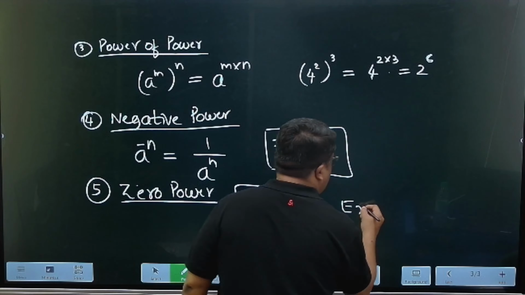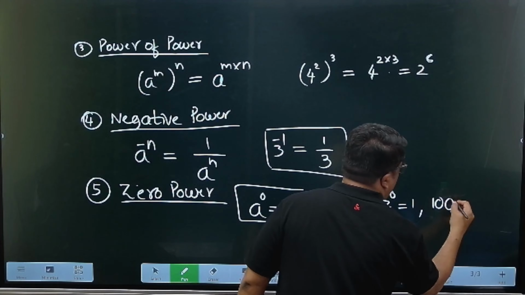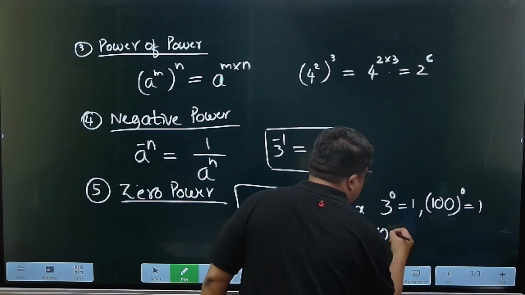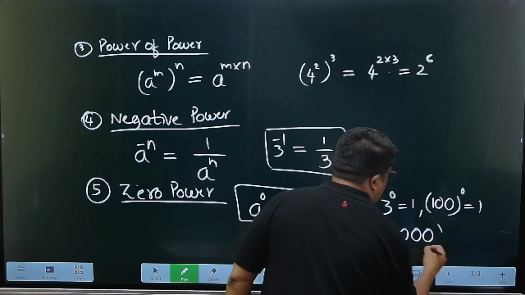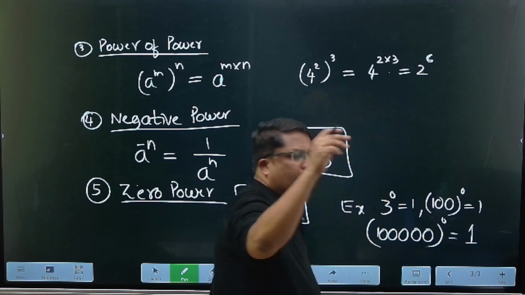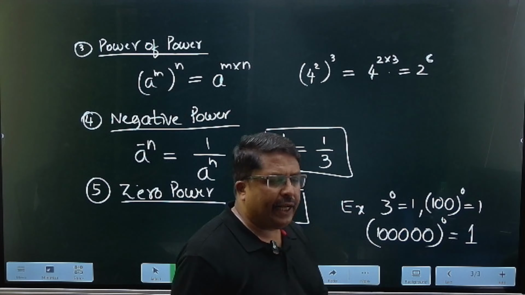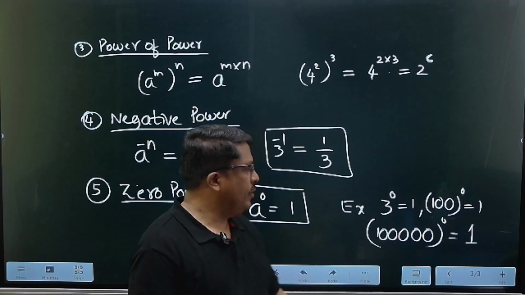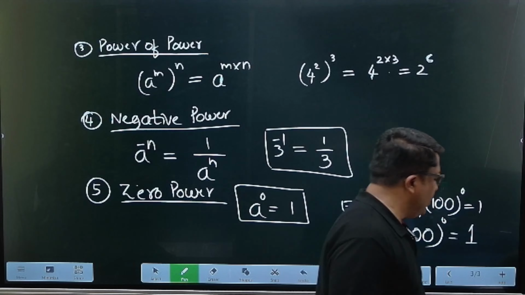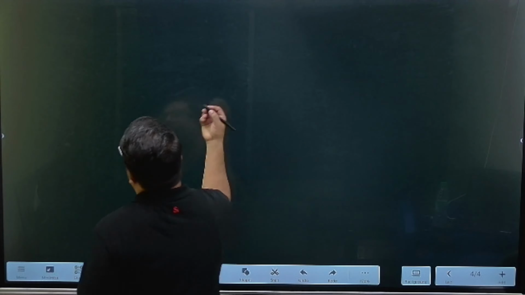Example, if I write 3 to the power of 0 is 1, 100 to the power of 0 is also 1. Whatever the number, to the power of 0 is 1 always. I hope you are getting the points, students. Please note down these important results: 0 power, then multiplication with similar indices.